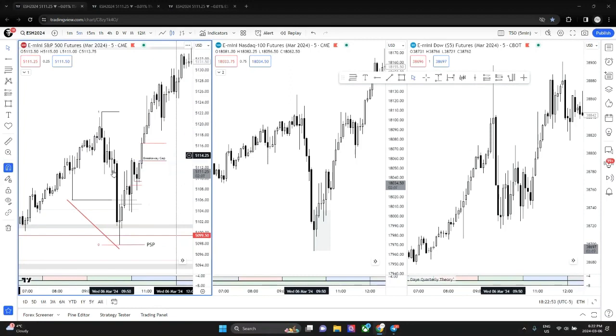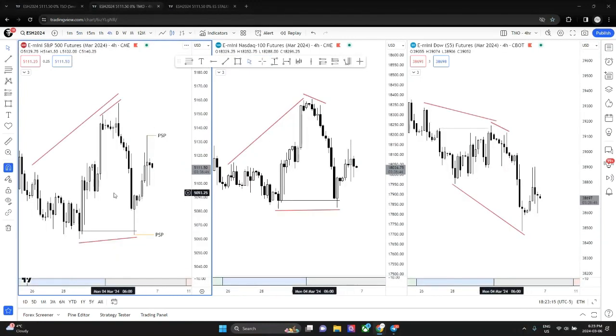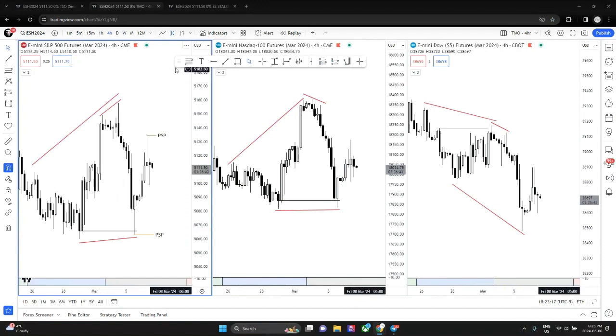So if you're buying, you want to be buying here, below this level right here. This is where all the entries are. This is where everything happened, below here.